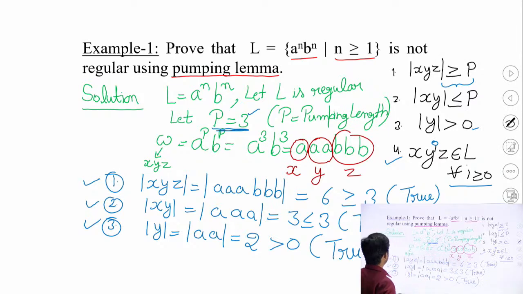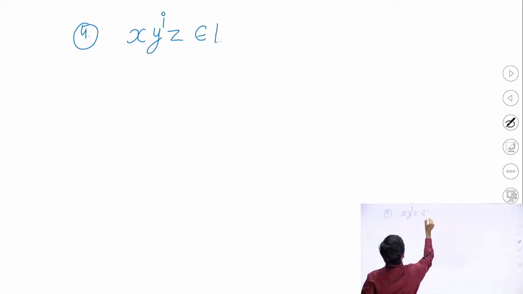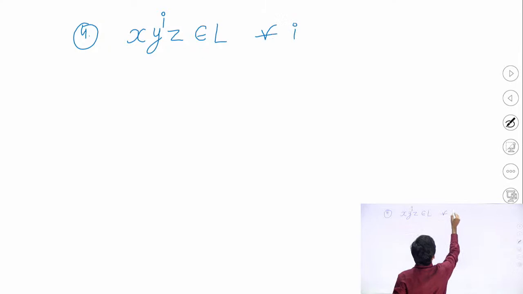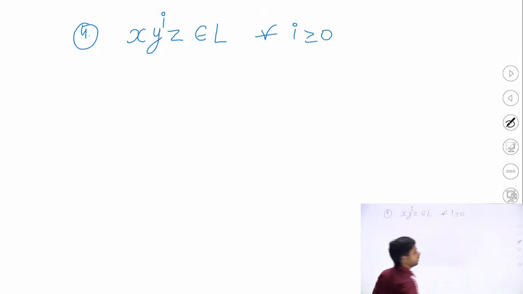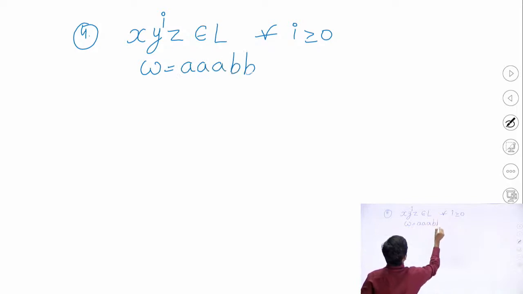Now let us see the fourth condition, that x y raised to power i, z belongs to language L for all i greater than or equal to 0. Now w equal to a a a b b b.